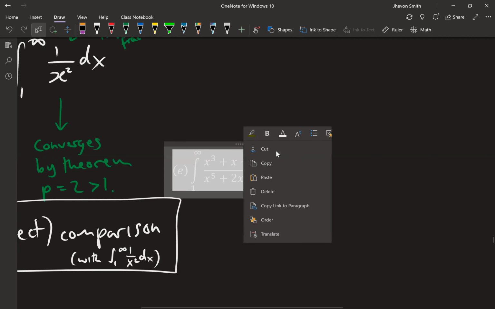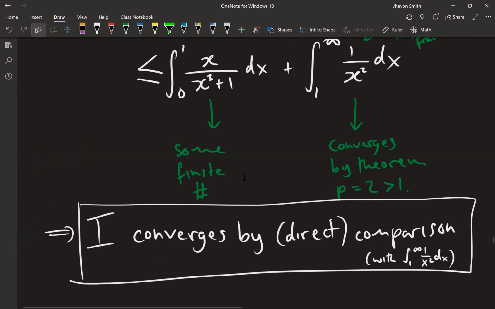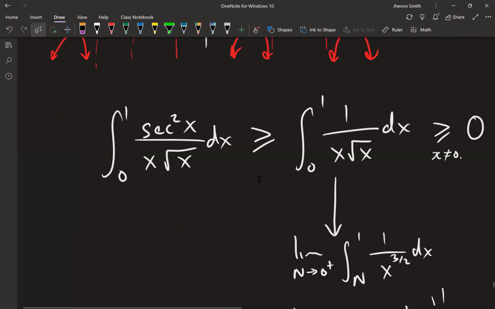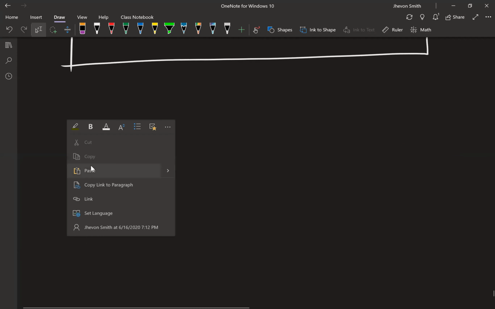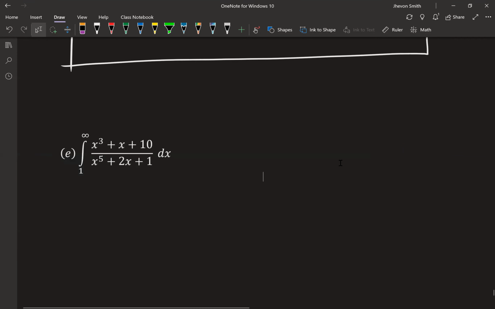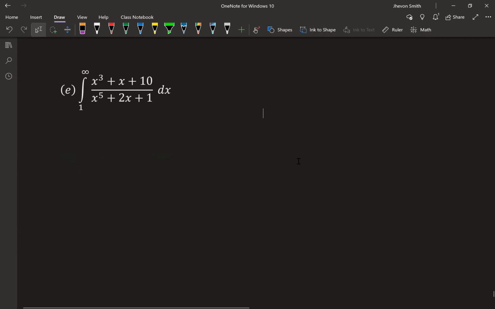Last example here. So all these we figured out using direct comparison. This one is actually a nice one for the other method, believe it or not.